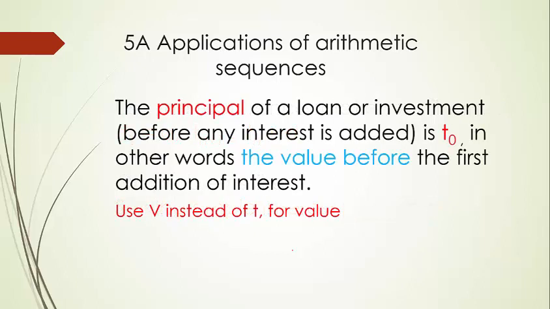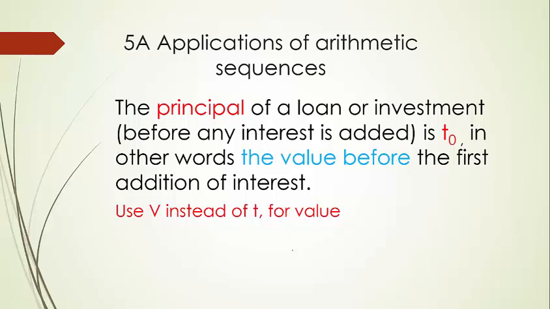We're going to be finding T0, and that is because, let's say you're going to put some money in the bank. The money that you put in the bank is the principal before you start earning any interest. So T0, if you're putting $1,000 in the bank, T0 is 1,000, and then after the first year of interest you'll find that with V1.